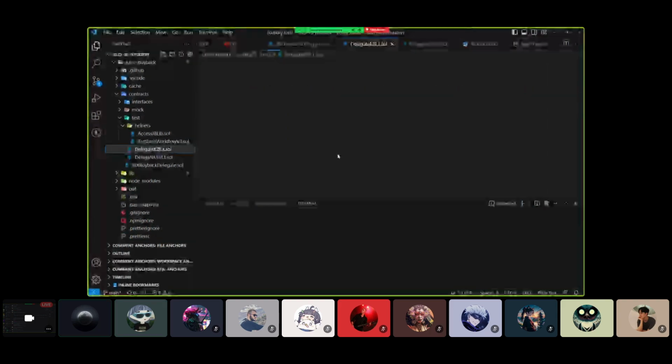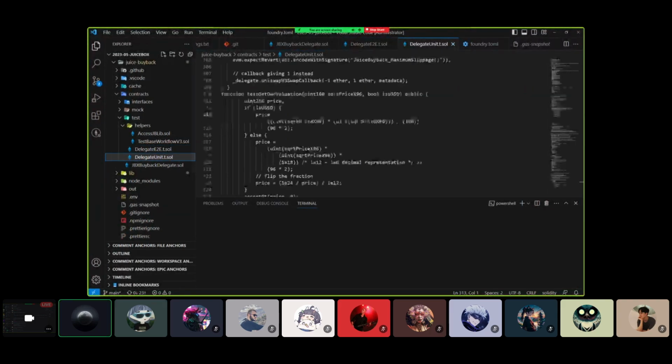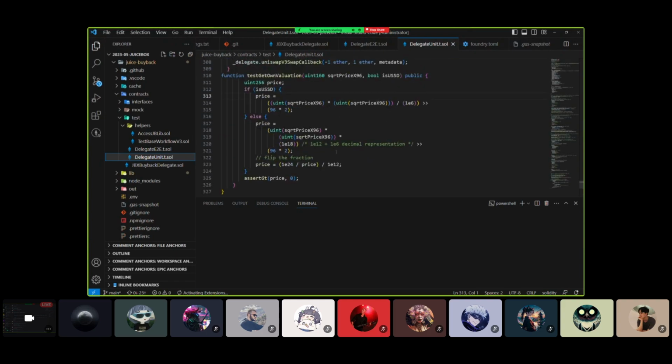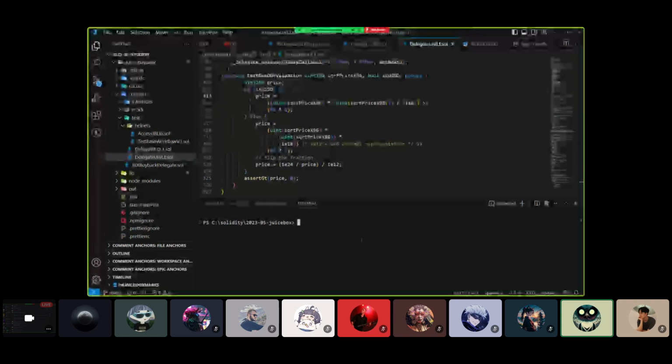Is it possible it's breaking because of something lesser than uint256, like uint160, for square roots?